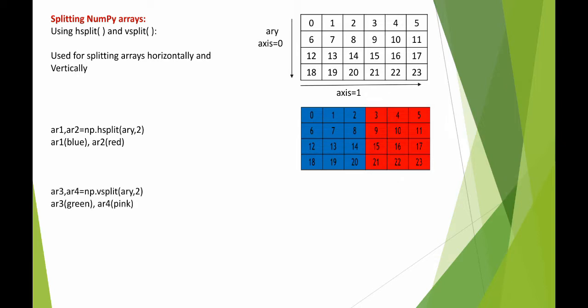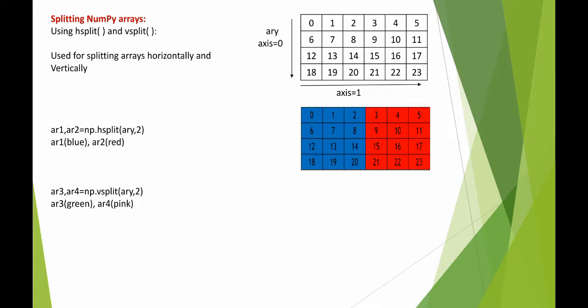AR3 comma AR4 is equals to np.vsplit ARY comma 2. So here AR3 and AR4 are going to have split arrays of ARY, and also the splitting will be in the vertical manner. So here again we are going to split the ARY array in two equal parts, but this time the splitting will be along the vertical axis.